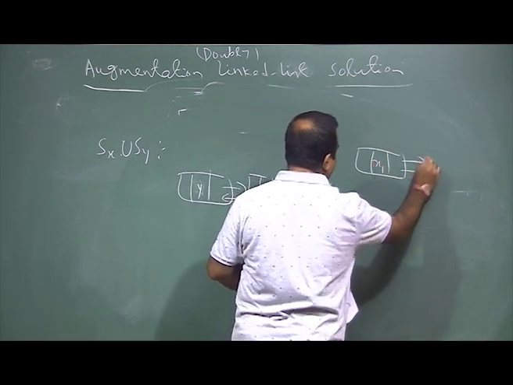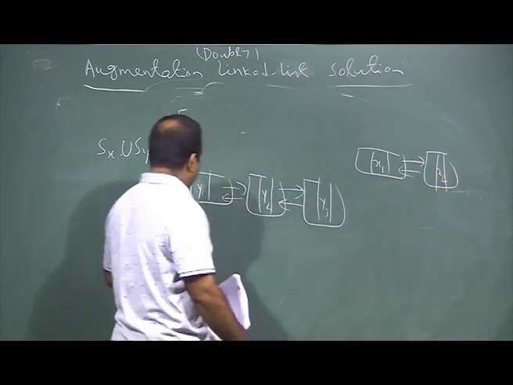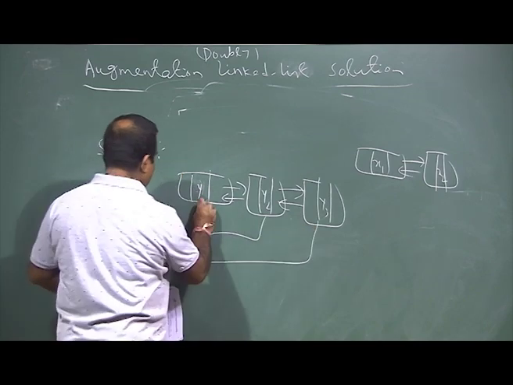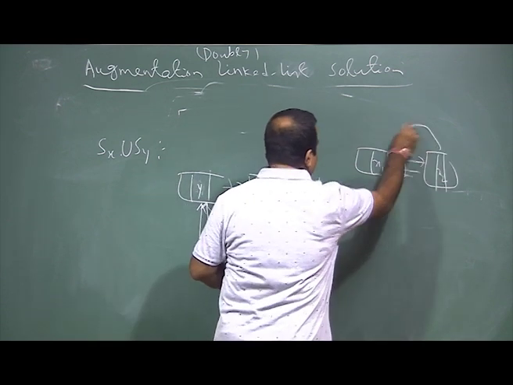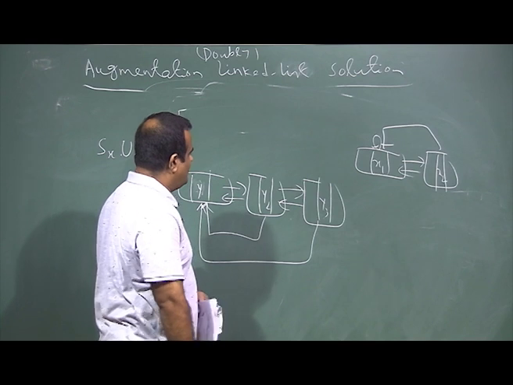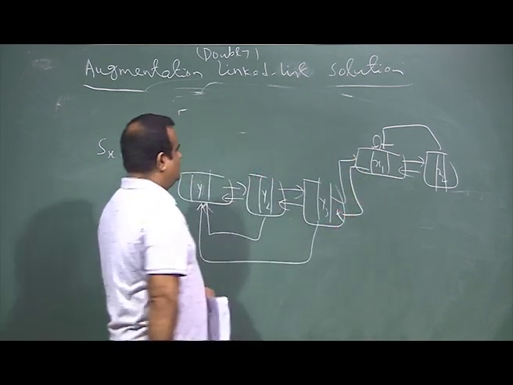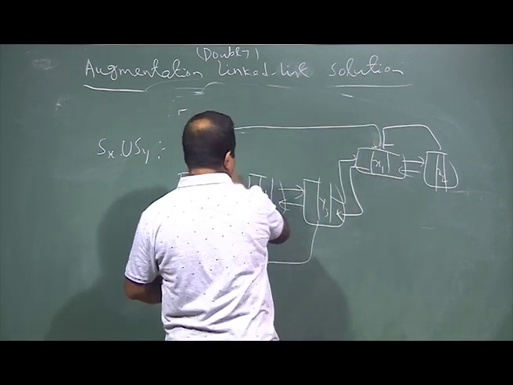This is the smaller set, x 1, x 2. This was S y, and this was pointing here, and it was pointing to itself. Now we have a connection over here, and all these are now pointing to here.